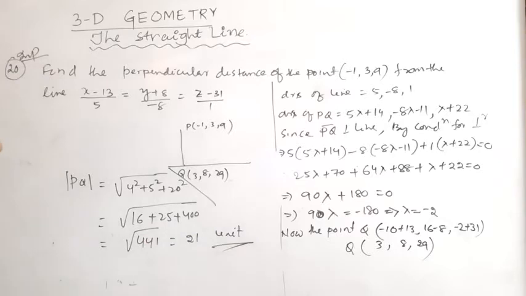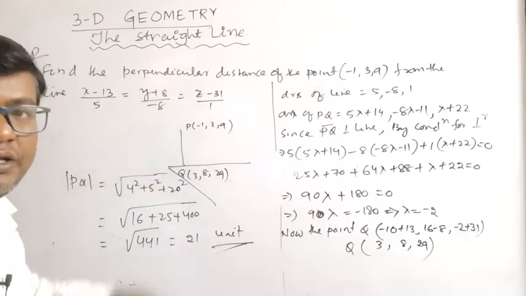This is the perpendicular distance from the point to the line.